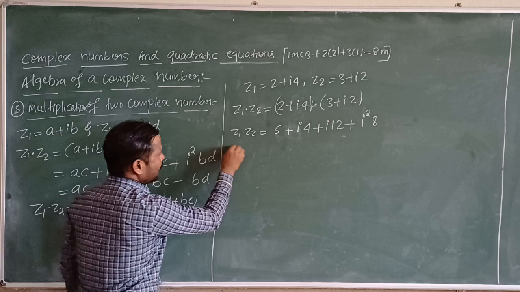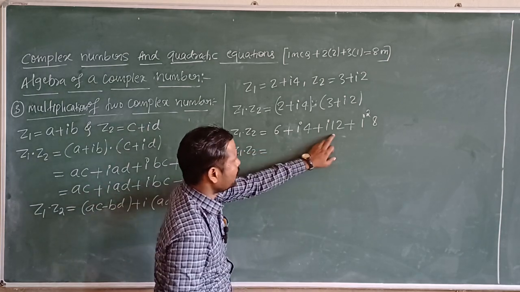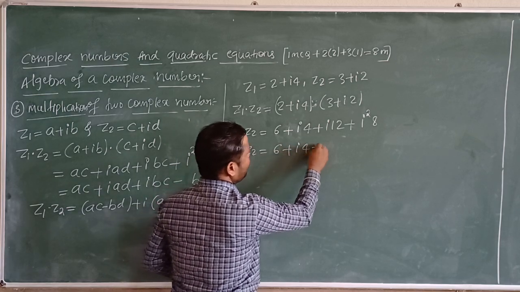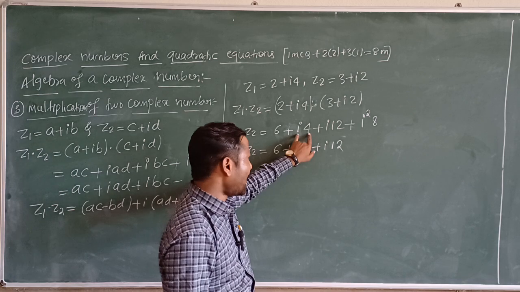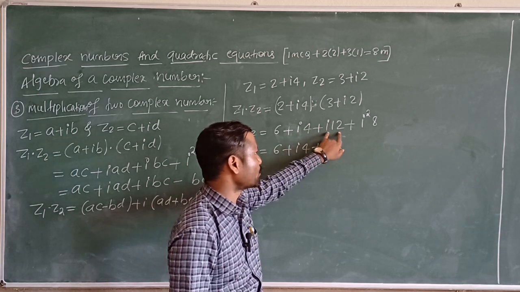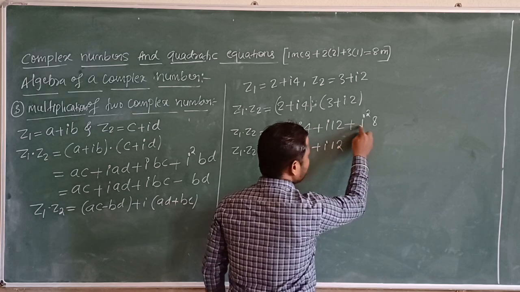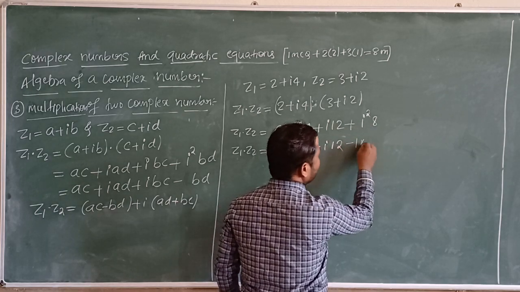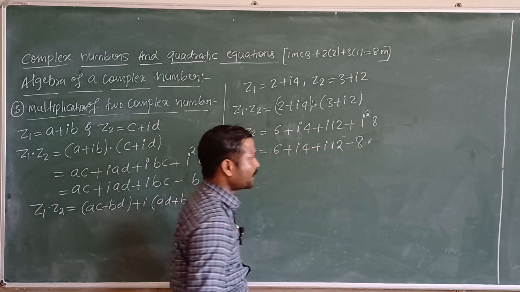Z1 into z2 is equal to 6 as it is plus i4 as it is plus i12 as it is. Here we can directly do it: i4 and i12, totally it becomes i16. Next, i square value is what? Minus 1 into 8, that is minus 8 only.